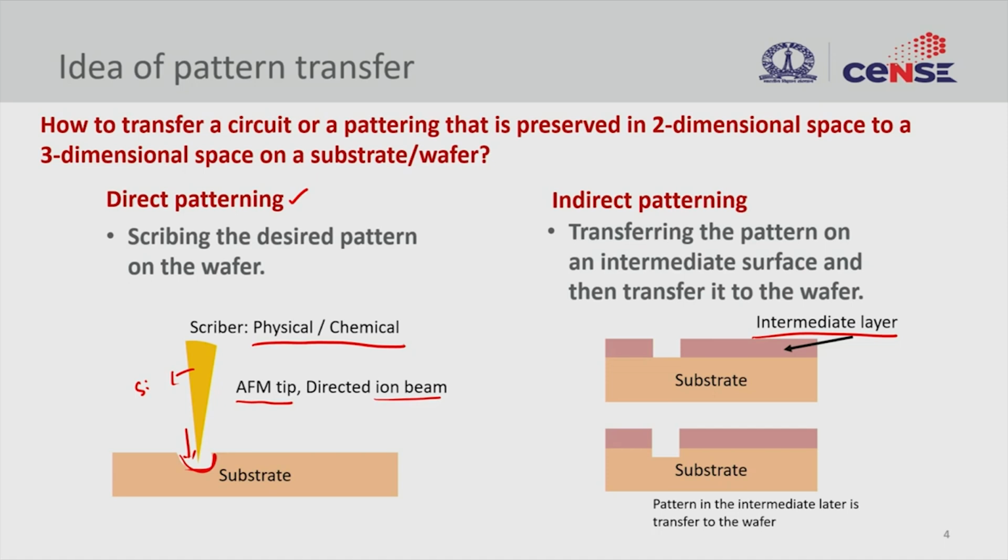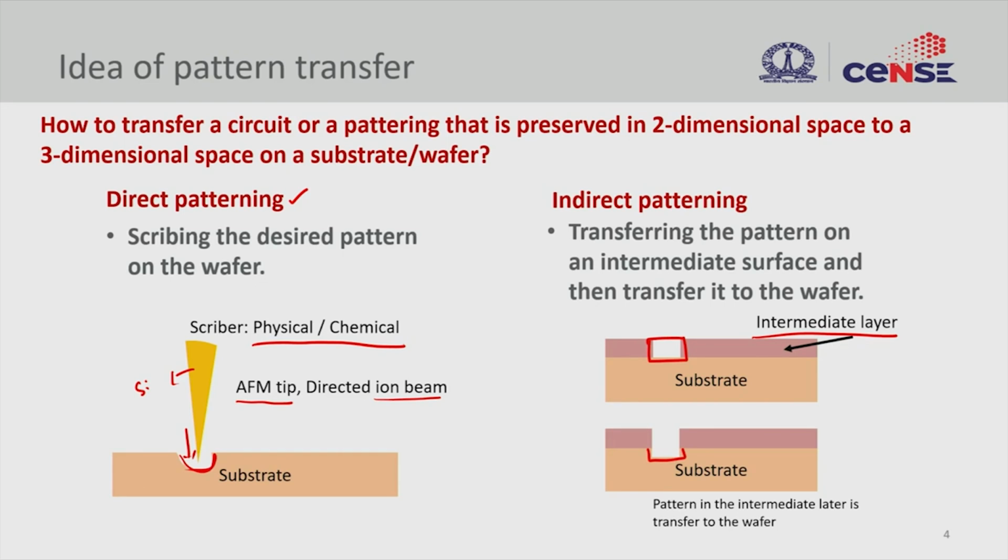So now in the intermediate patterning, you use an optical or electron beam in order to remove a part of this intermediate layer, and now this pattern will be transferred onto the substrate by using a pattern transfer technique, which can be etching, right?